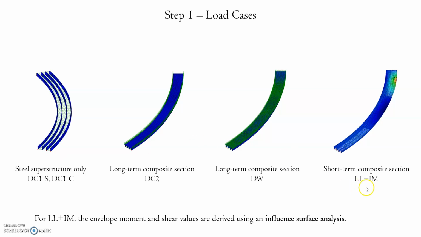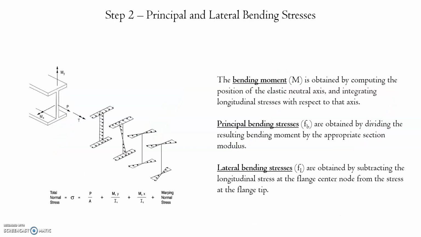Of course, for LL plus IM, you need to run an influence surface analysis. This is very important. The bending moment, which is required for the design checks, is obtained by computing the position of the elastic neutral axis on the section and then integrating the longitudinal stresses with respect to that axis.